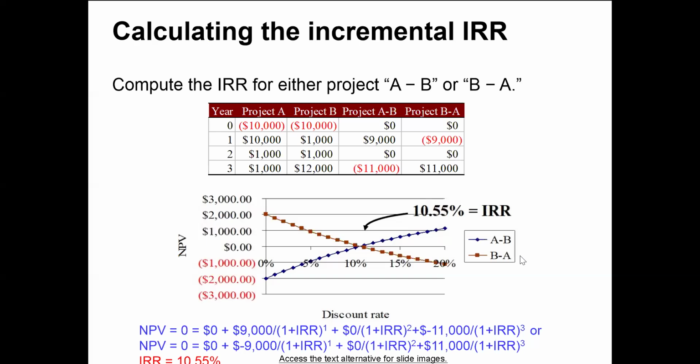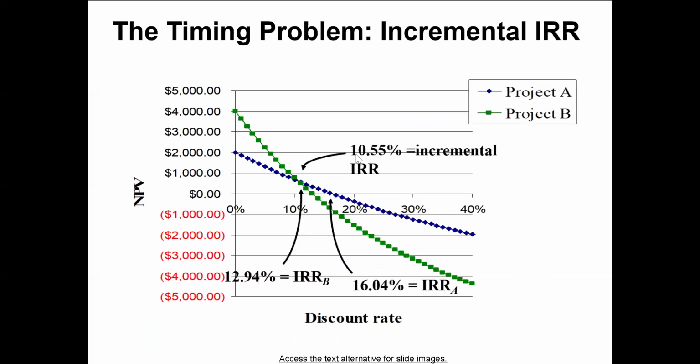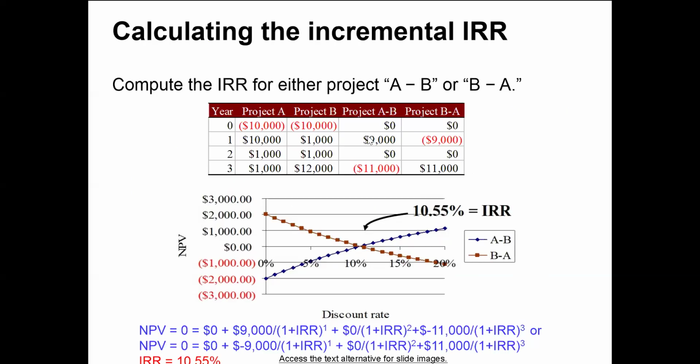All right, let me explain how to calculate the incremental IRR, 10.55%. How to calculate this? This is simple. You just compute the difference between the cash flows of projects A and B like this.